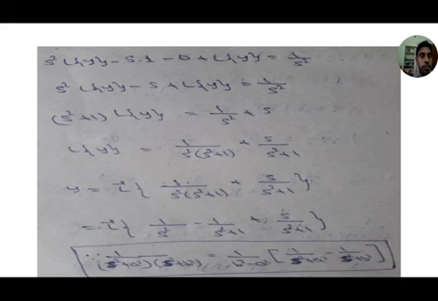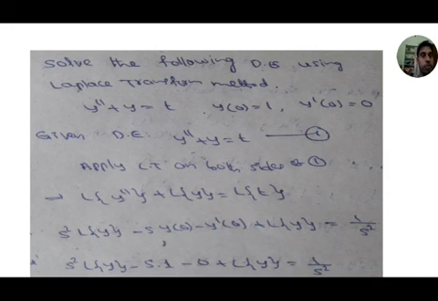There are five steps. First, apply the Laplace transform on both sides. Then use the formulas for the Laplace transform of the second derivative and first derivative. Then replace the initial value conditions.